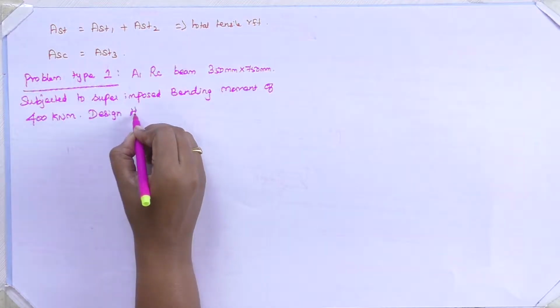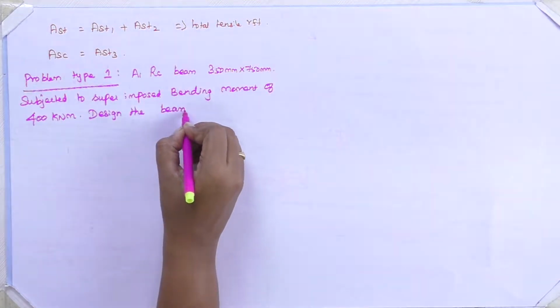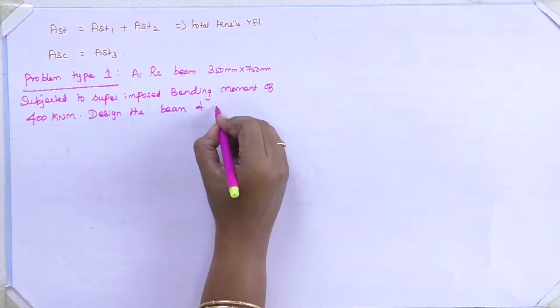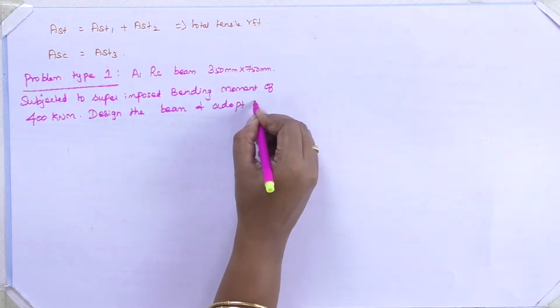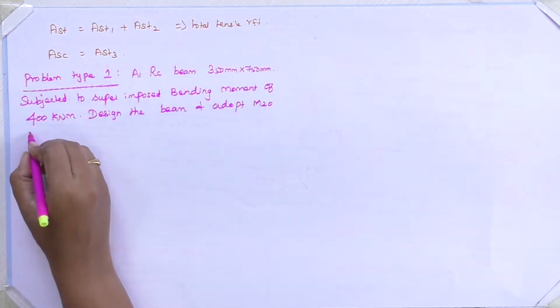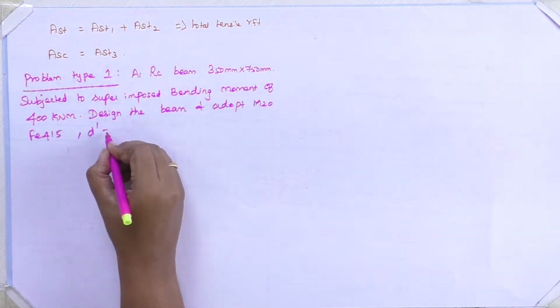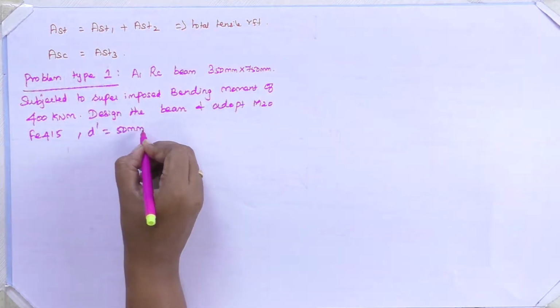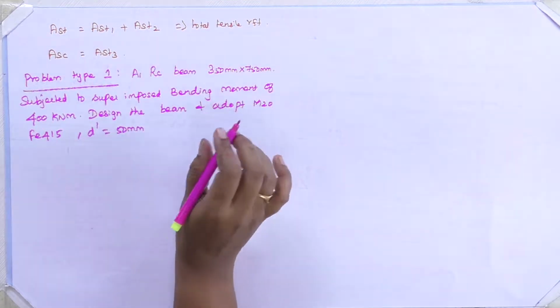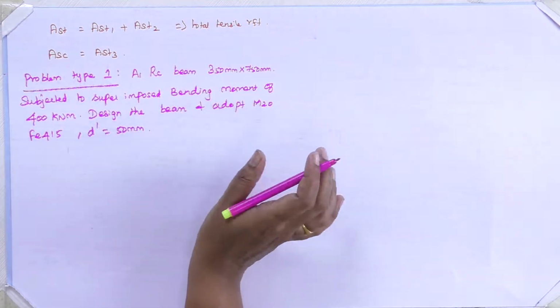Design the beam and adopt M20, Fe 415, and d dash as 50 mm, that is the effective cover to my compression steel. This is what the question is like.